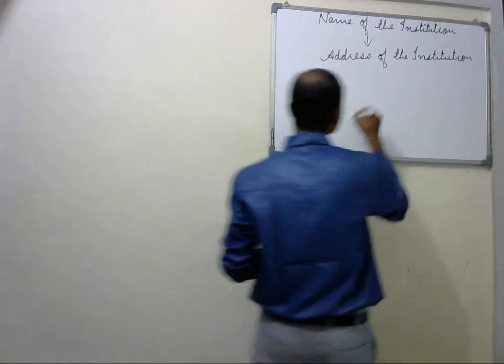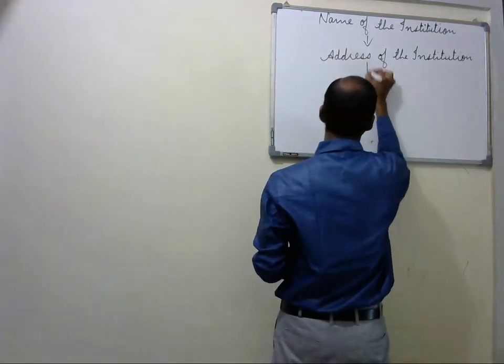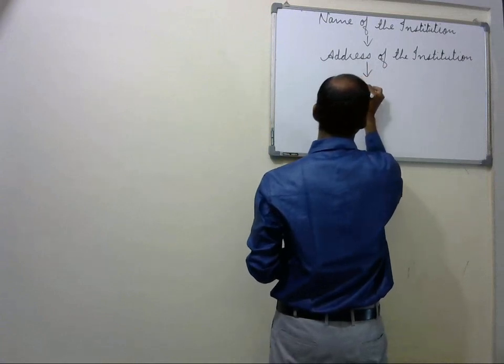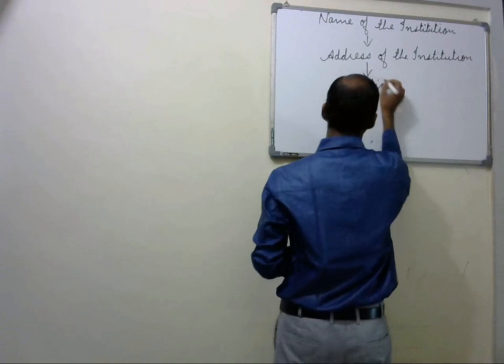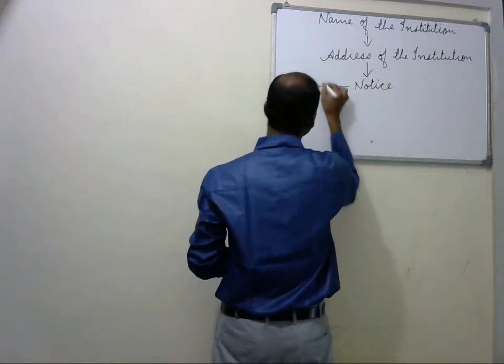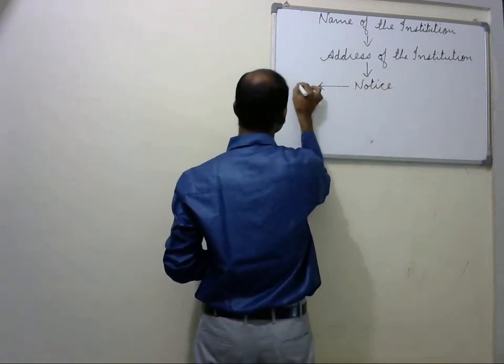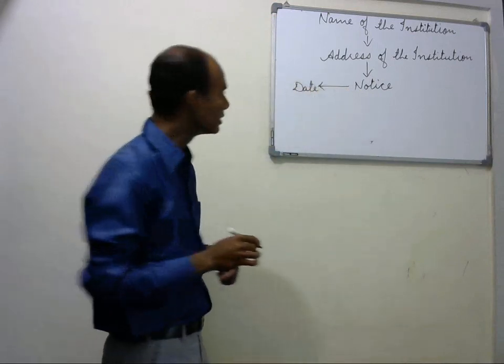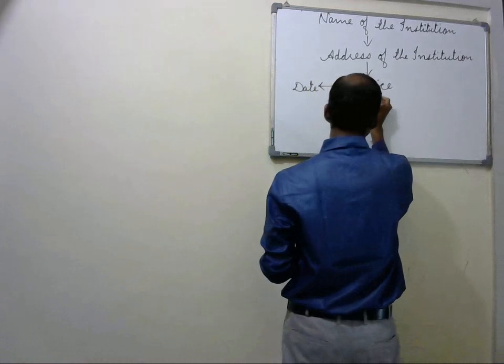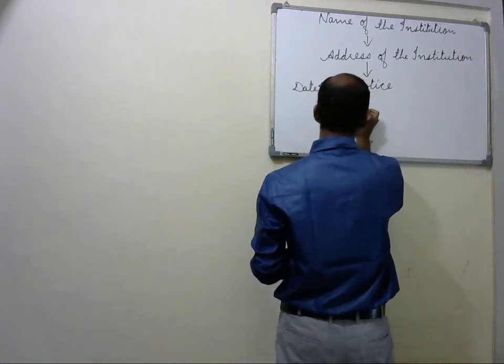So after the address of the institution, we mention notice, and in the same line we mention the date. And after notice, we write the title.